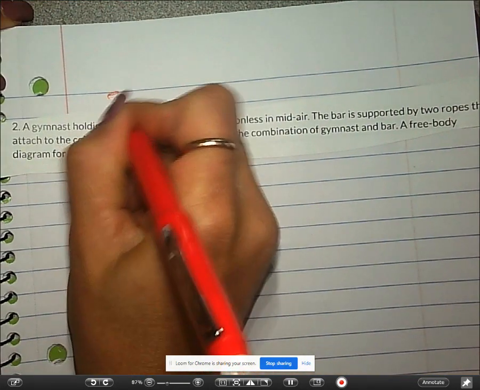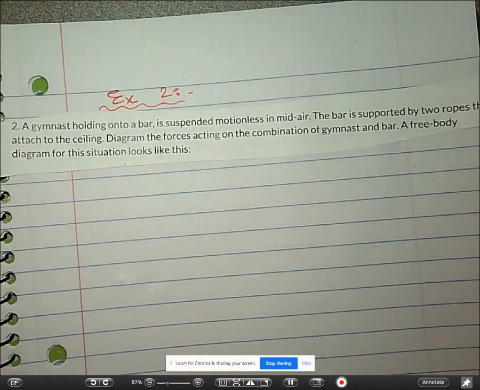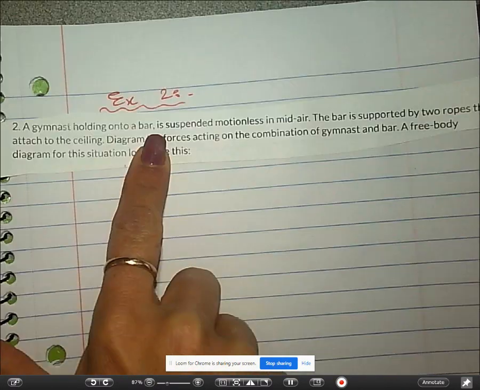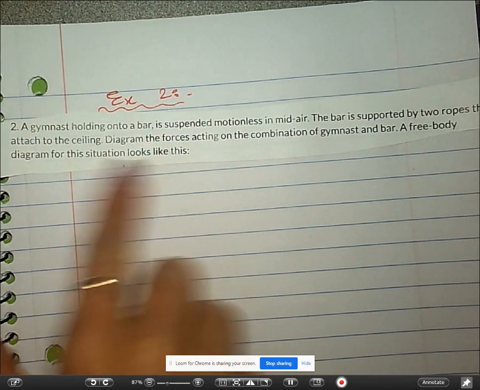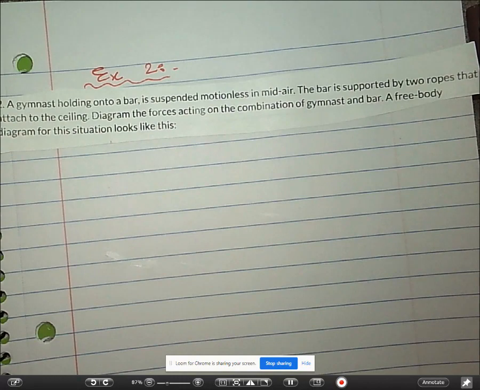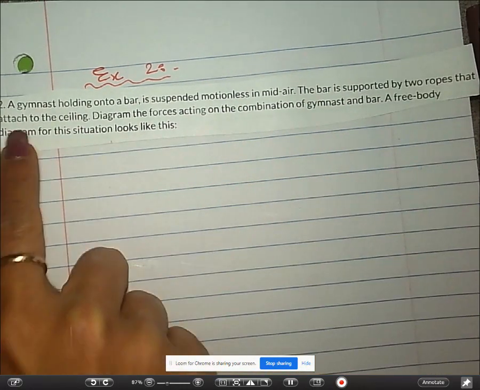That's example number 2. And what do we have here? We have a gymnast holding onto a bar, suspended, motionless in mid-air. The bar is supported by 2 ropes that attach to the ceiling.